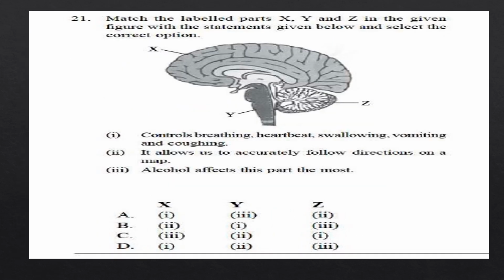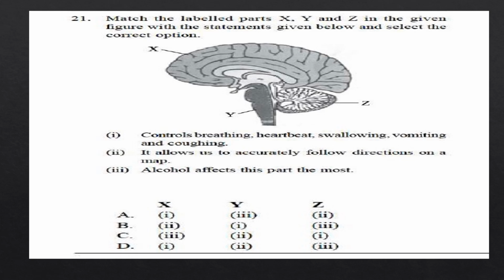Question number 21. Match the labeled parts X, Y and Z in the given figure with the statements given below and select the correct option. A picture of the brain is given. 1. Controls breathing, heartbeat, swallowing, vomiting and coughing. 2.